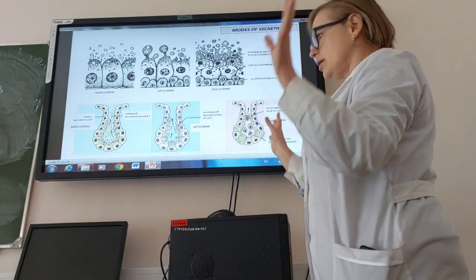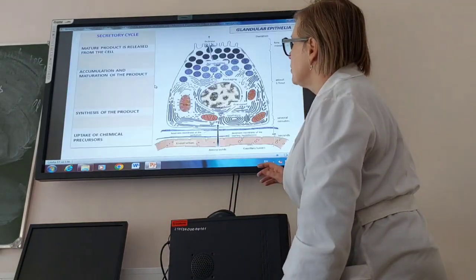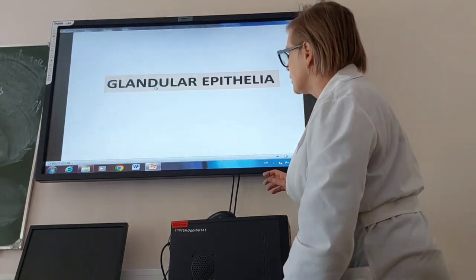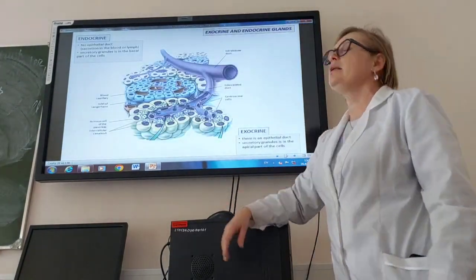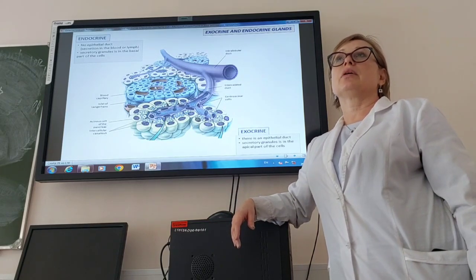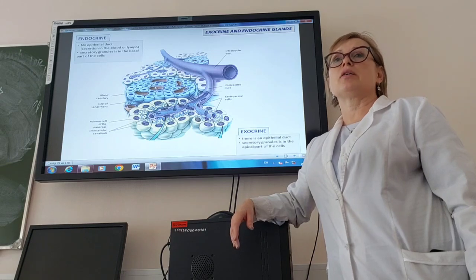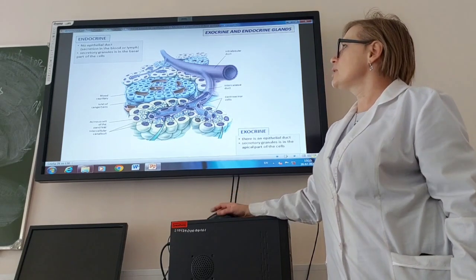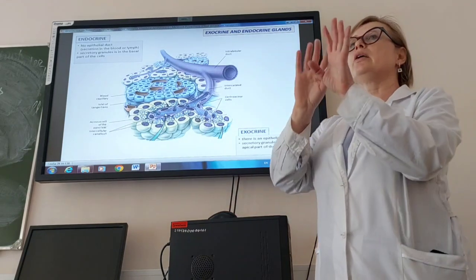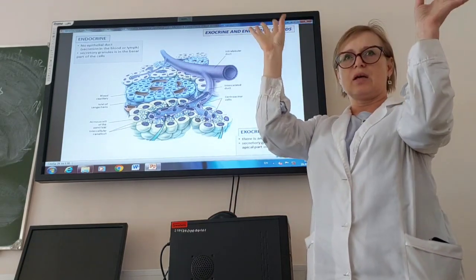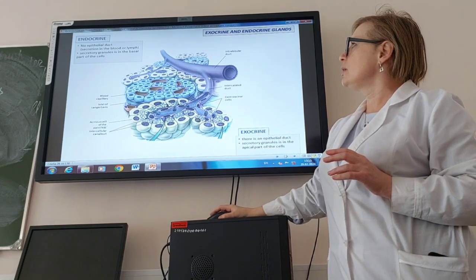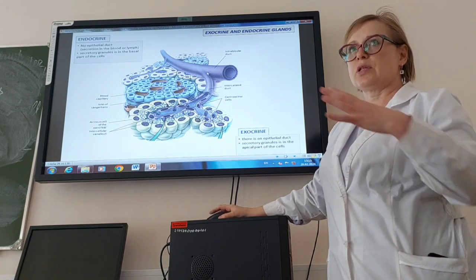This is in general. Now let's return to classification. In our organism, we can see two types of glands, endocrine and exocrine. The main difference between them: exocrine glands release secretion onto a surface. That's why they have a duct for that.